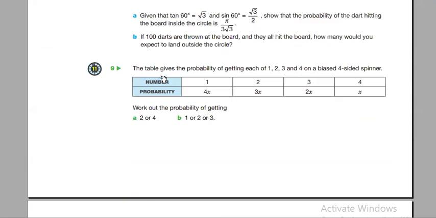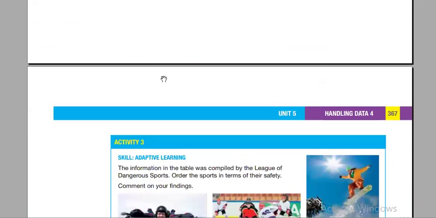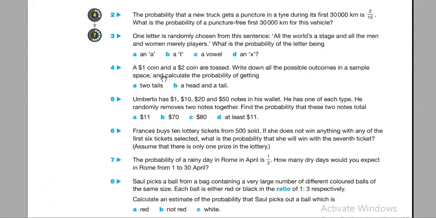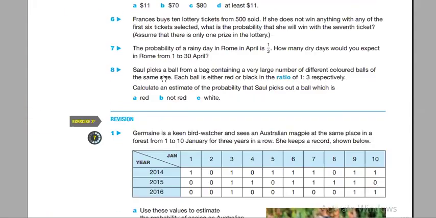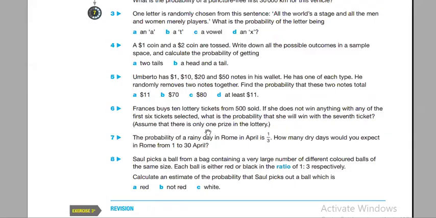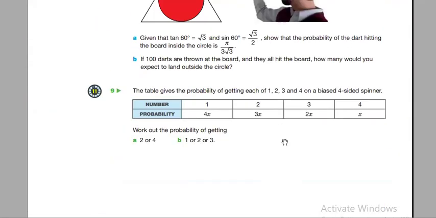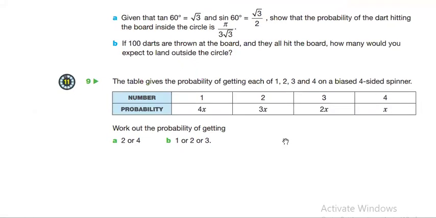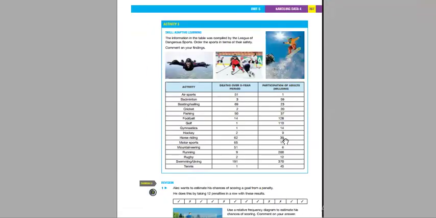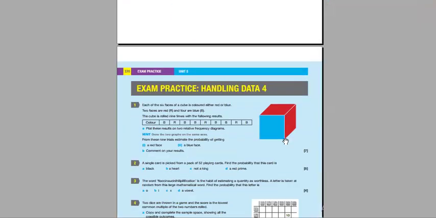Now let's do a question related to algebra like this one, which will be the last question here. I think there's another one that's the same but with numbers.